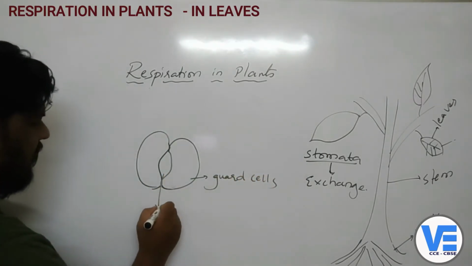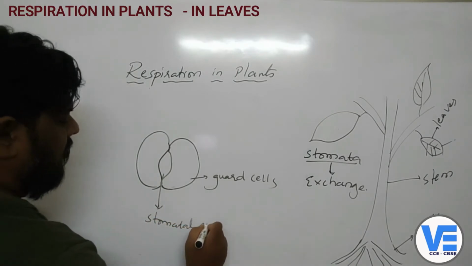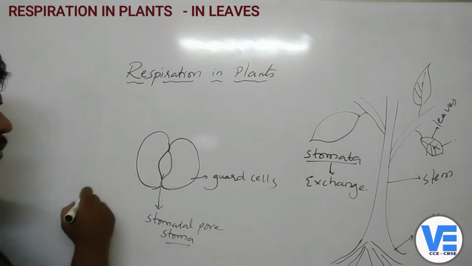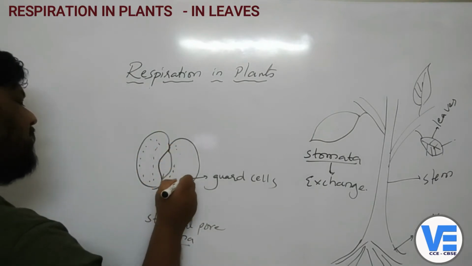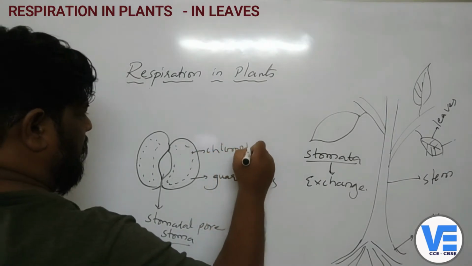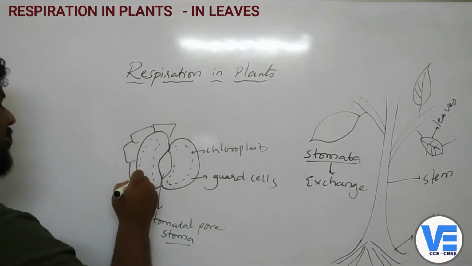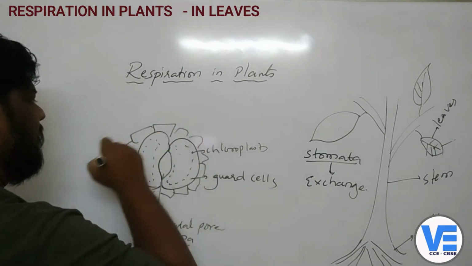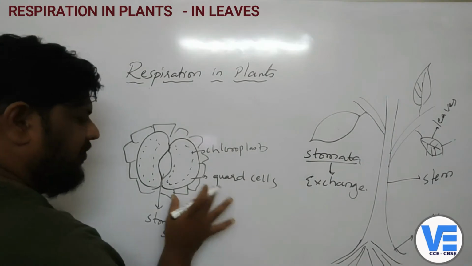The pore in the middle is called the stomatal pore, or else we also call it the stoma. These guard cells have chloroplasts in them, and they are also covered by cells called subsidiary cells. So this is the shape of the stomata.